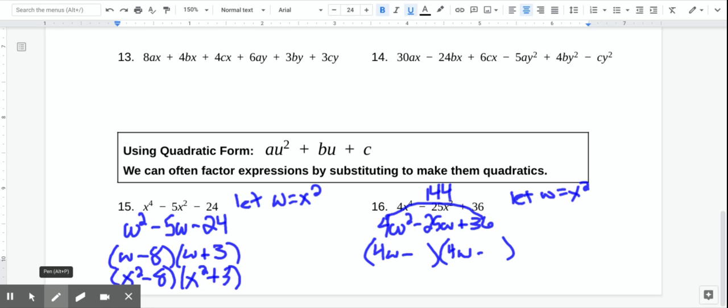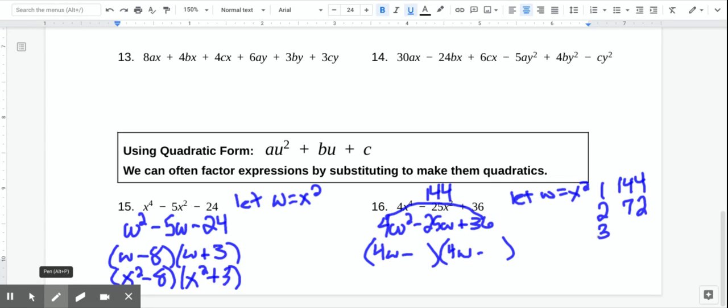So I'm looking for factors of 144 that add up to 25. We can list all of our factors if we have to. So 1 and 144, 2 and 72.